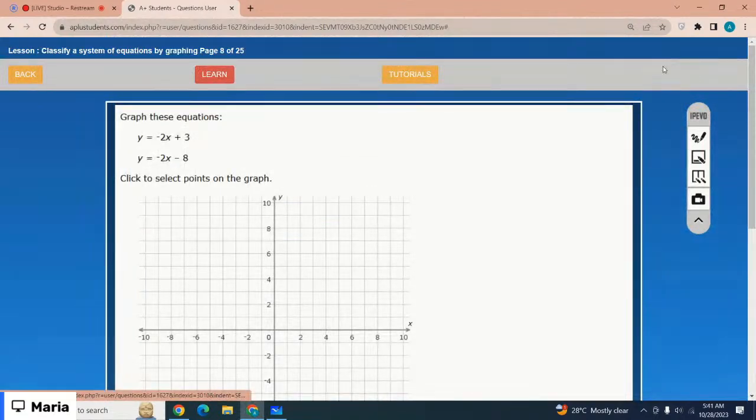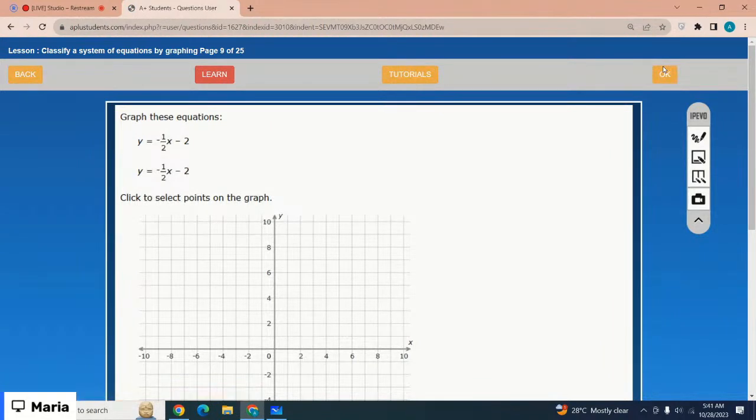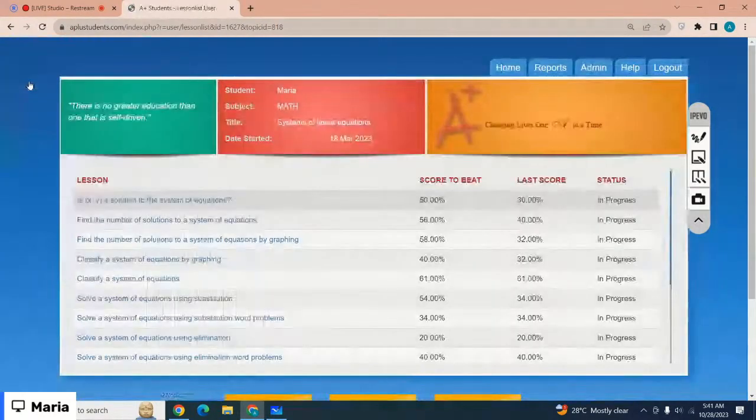Okay, you can complete the lesson by yourself later today. So we were working on grade 10 math, and the chapter we were working on is linear equations. And the lesson is systems of linear equations, and the lessons we have covered today are: is (x, y) a solution of the system of equations?